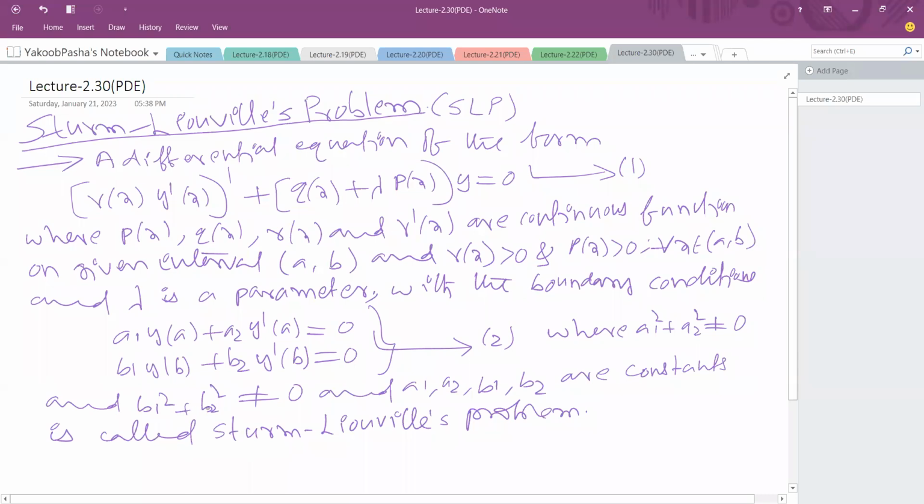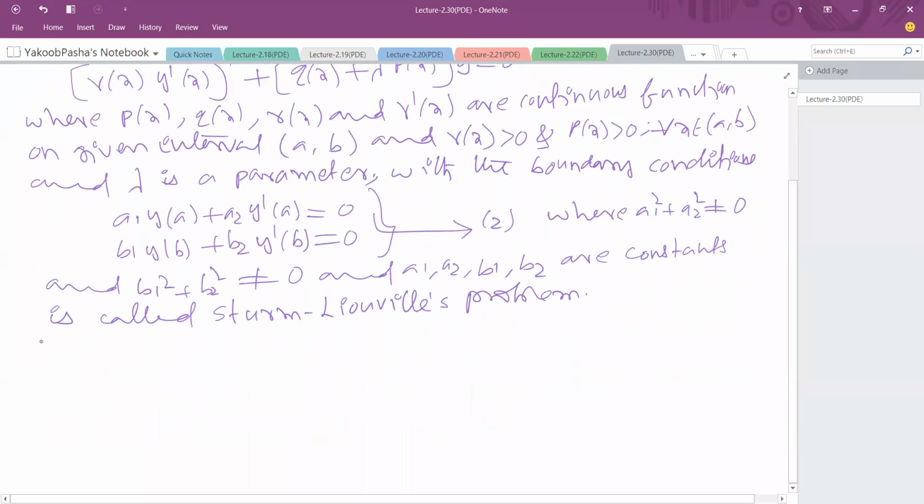If we take, first, a2 equal to 0 and b2 equal to 0.